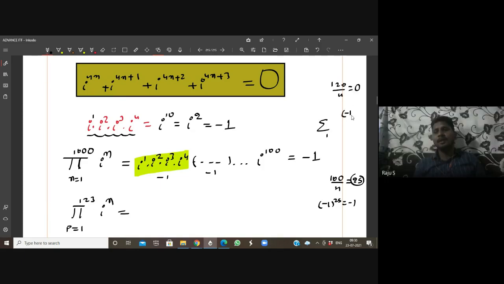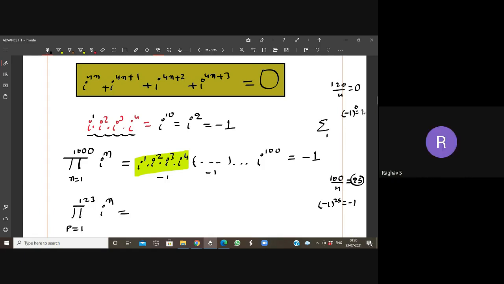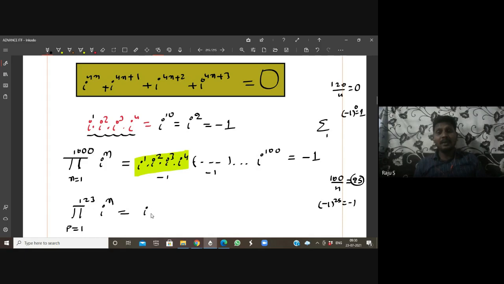Remainder 0 means minus 1 power 0, which is 1. Till 121, the remaining is i. See, actually till 120 it will be 1, but when you take 121, 122, 123, we'll get like this.